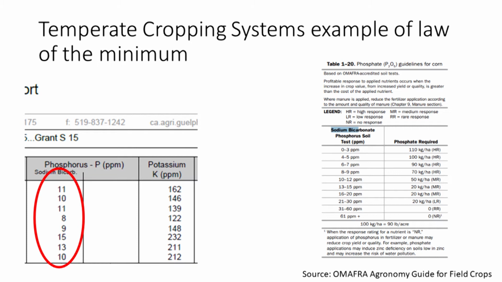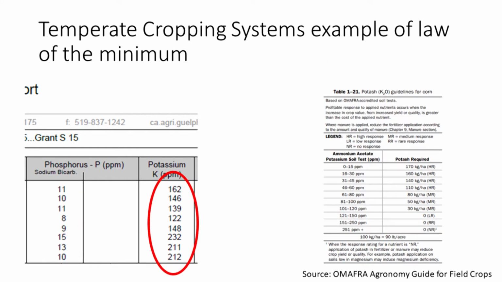And so, below 30 ppm, you need to apply phosphorus. And the lower your sodium bicarb score, the lower the ppm, the more phosphate you require for your corn.